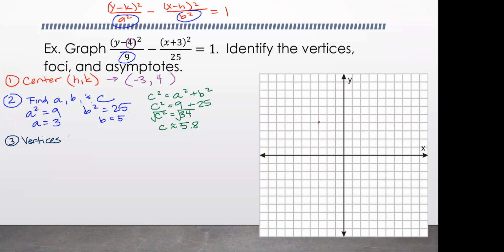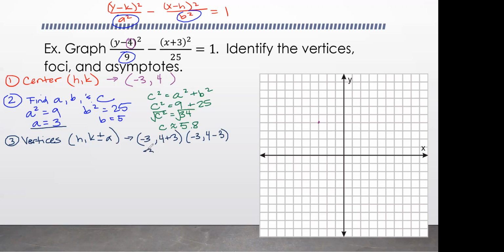I'm using this formula: I've got h and then k plus or minus a. So that would be h, which is -3, and then the value of k, which is 4, plus a, which is 3, or -3 for h, and then k, which is 4 minus 3.